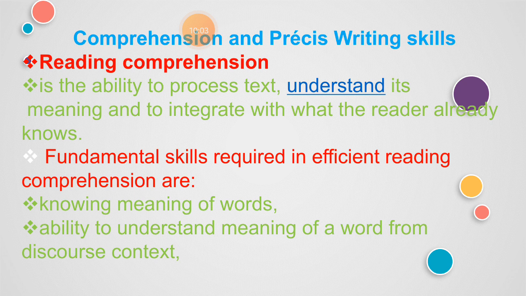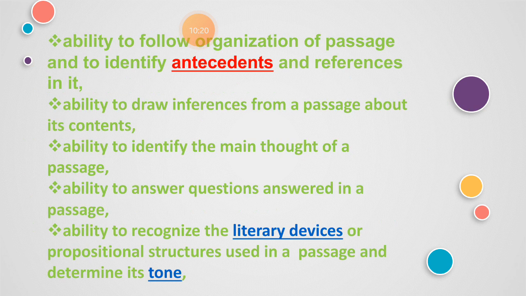Comprehension and precis writing skill basically is the ability to process text, understand its meaning, and to integrate with what the reader already knows. Fundamental skills required in efficient reading comprehension are knowing meaning of the words, ability to understand meaning of a word, to form discourse contents, ability to follow organization of the passage and to identify antecedents and references in it, ability to draw inferences from a passage about its contents.